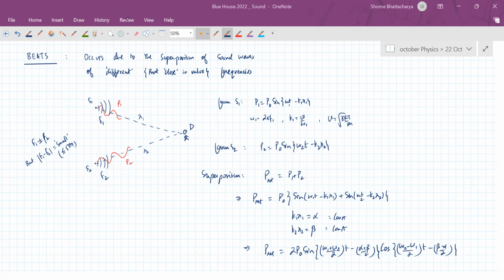Yes, how do we know that they have the same velocity? Because they're traveling through the same medium, beta, air. Remember that speed of a wave, whether it is transverse or longitudinal, doesn't depend on the source. That depends on the medium.